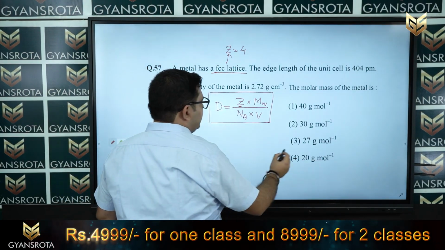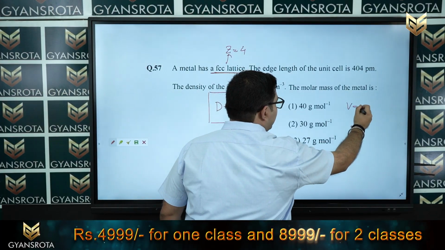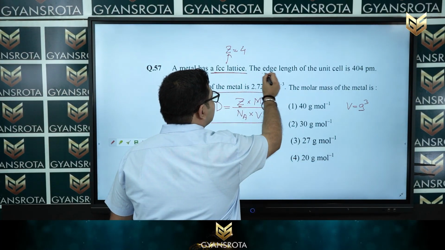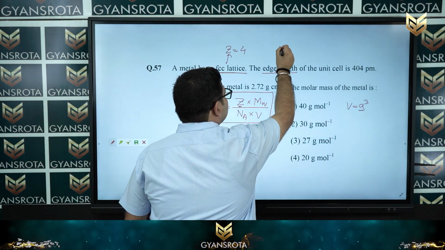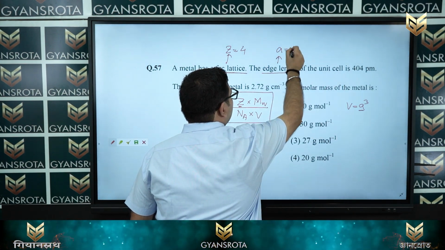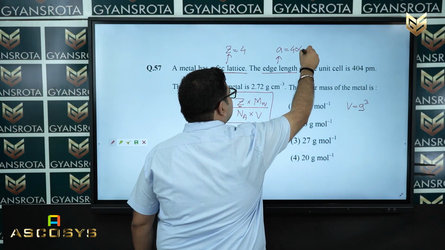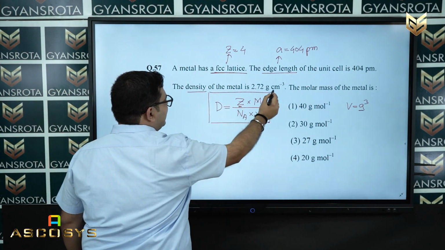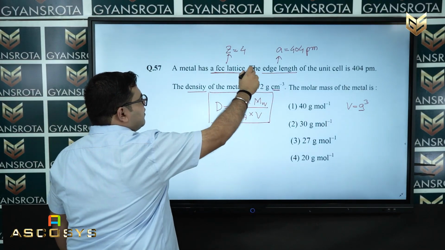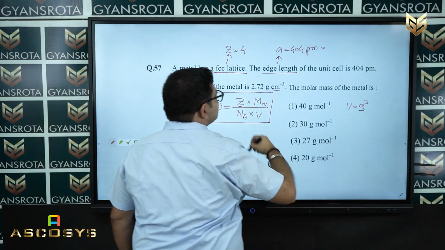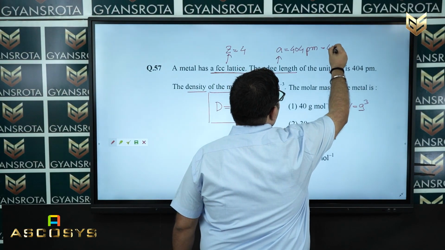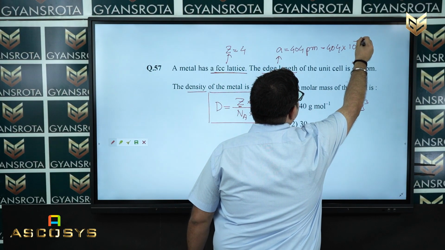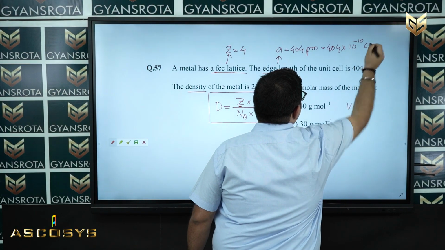Now V we can do like V equal to a cube. This a is nothing but your edge length, and the value given here is 404 picometer. Now if you see, density is given in centimeter cube, so we have to convert it into centimeter. So 404 into 10 to the power minus 10 centimeter.